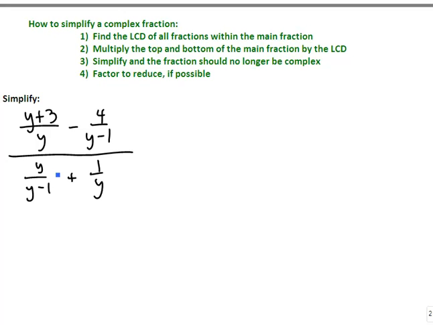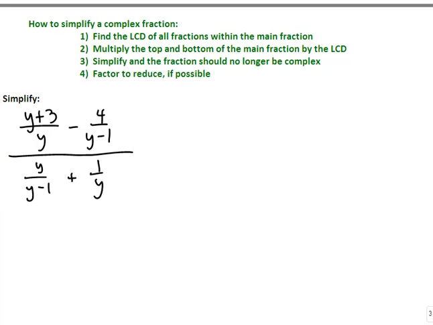We're going to look at all of our denominators in the top and in the bottom, and we're going to try to find out what the least common denominator should be. Once we find out what that least common denominator is, we're going to multiply the top by that and the bottom by that, and that should cancel out all of our denominators and give us a more simplified fraction. And then we're just going to clean it up and make sure that it's reduced.